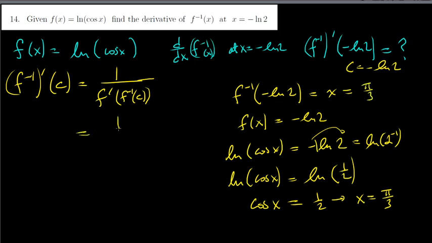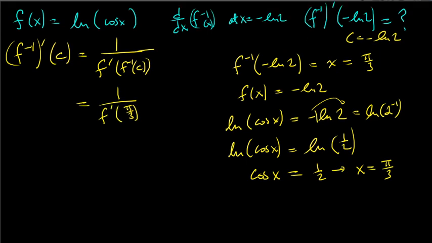So in other words, we're going to take the reciprocal of the derivative of f at pi over 3. So what's the derivative? Well, we didn't do that yet. So f prime of x, log of cosine of x. So the derivative of log of cosine x is 1 over cosine of x times the derivative of cosine, which is negative sine.